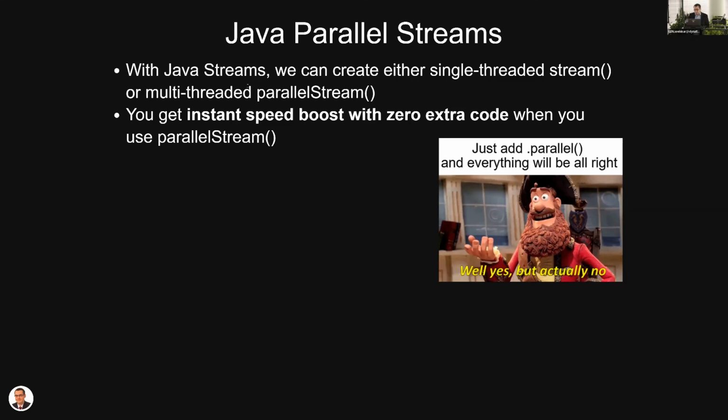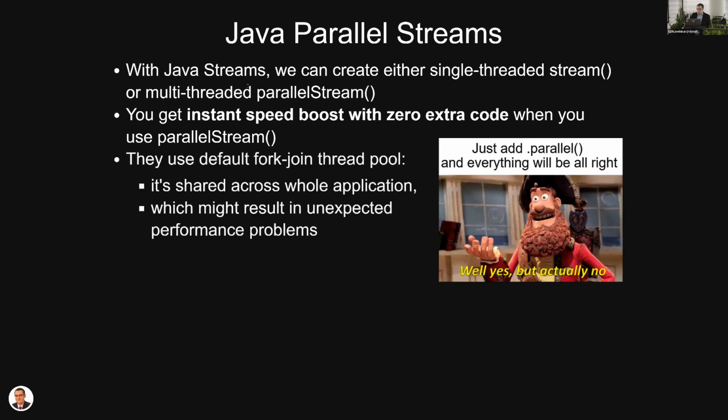But the one problem that gives Java parallel streams bad fame and criticism is the default fork join thread pool that's being used under the hood. It's the thread pool that's shared across the whole application, and this can result in unexpected performance problems.